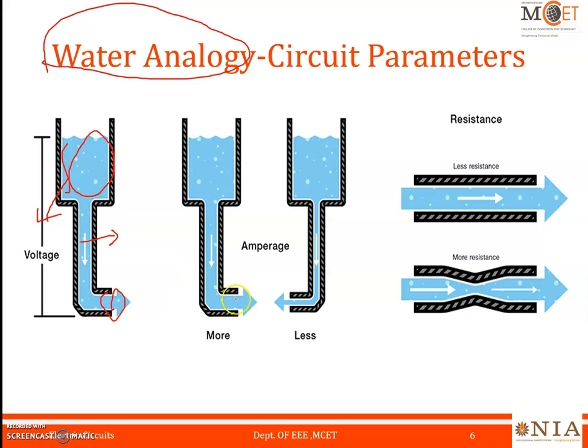If you have a lesser opening, the water flow will be less. This is the opposition offered to the flow of water. In the case of an electric circuit, the opposition offered to the flow of current is called resistance. So this is what the water analogy represents.